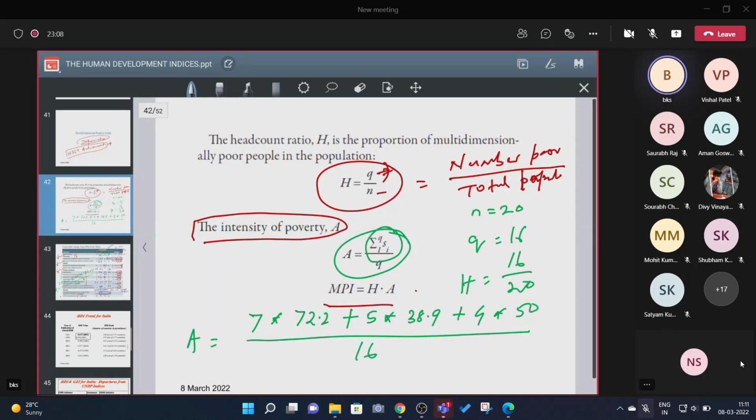That is 754. So that gives you A. Now you have H and A. Now you can calculate MPI is equal to H times A.